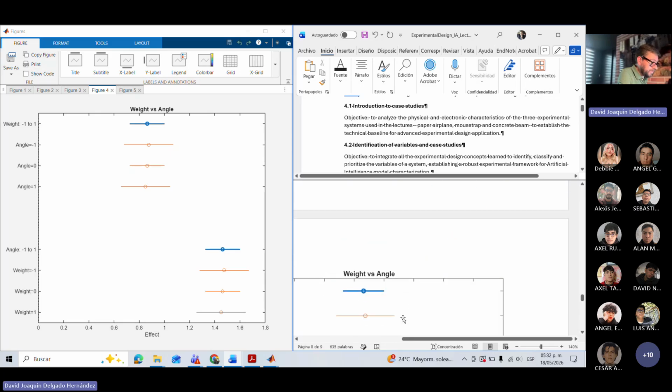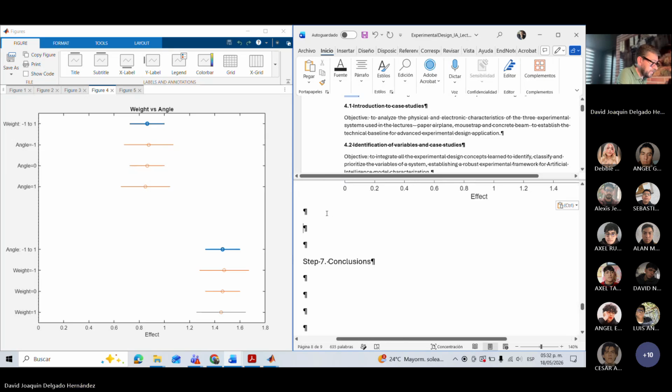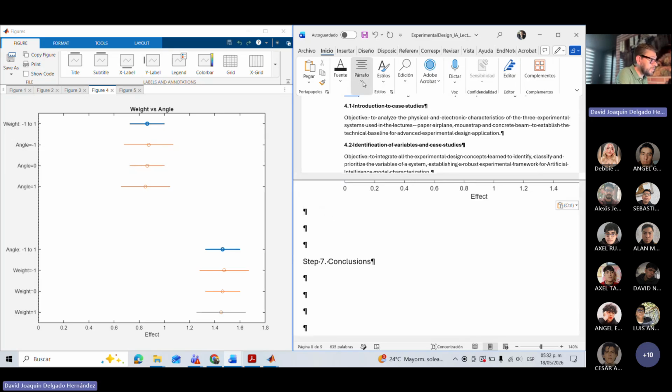So let us put here the title of this figure. So let me center the text. So this is figure number 4. Exactly, interaction between weight versus angle is not significant.